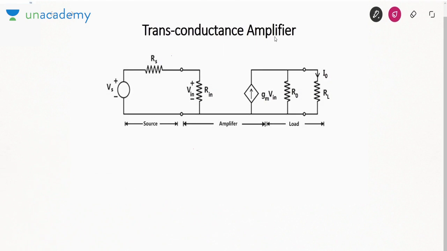Moving to the third kind of amplifier, transconductance. Now what is transconductance actually? This parameter we have seen in BJT as well as MOSFET. Transconductance is nothing but the ratio of output current and the input voltage. That means at the output we have a current source, at the input we have a voltage source. It is a current source and it depends on voltage.